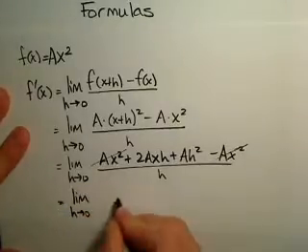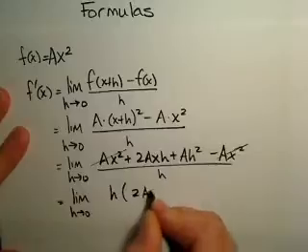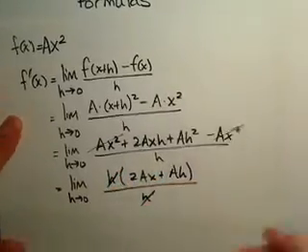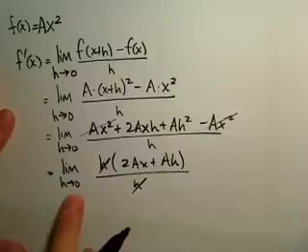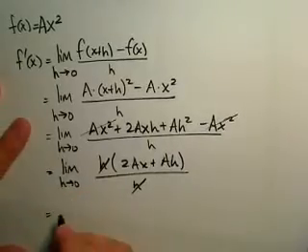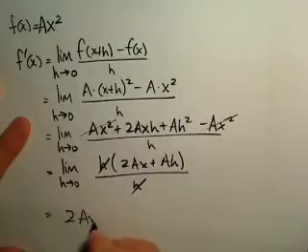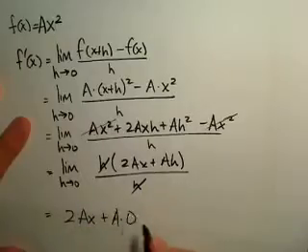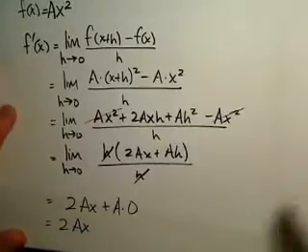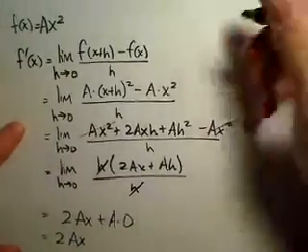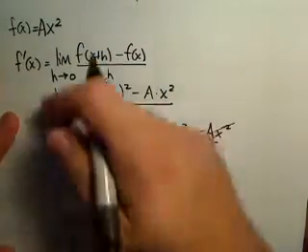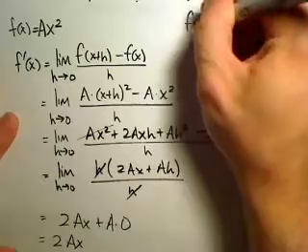at which point we can factor out an h: (2ax plus ah) over h. Those h's divide to 1, h goes to 0 at this point, and what we're left with is 2ax plus a times 0. Okay, so it's just 2ax. Now what that gets us is that once we know that this is how it's always going to work, whatever that a is, we now have a formula.